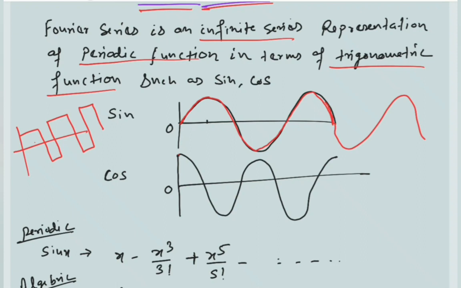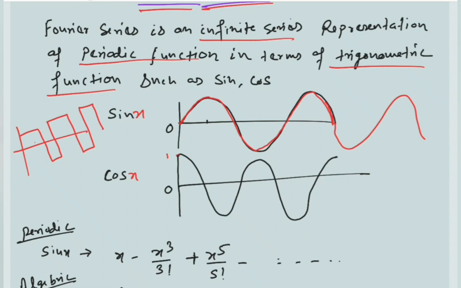Here we plot the sine function and cosine function, that is sin x and cos x. If you put x equal to 0, then the sine curve will start from 0 because sin 0 is 0. And if you put x equal to 0 in cos, then the cos function will start from here because cos 0 is equal to 1.